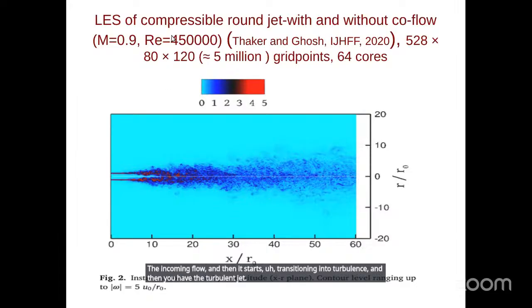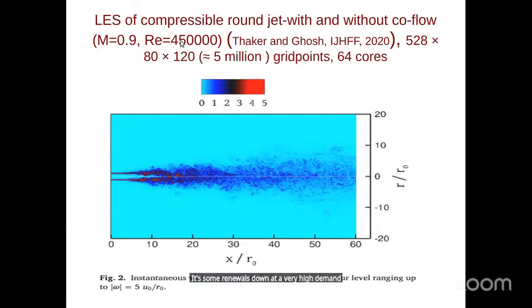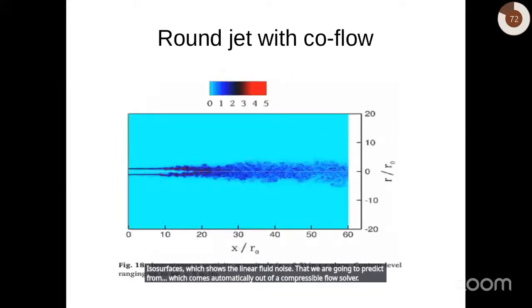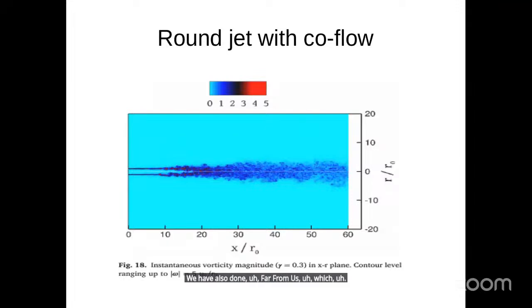It's an LES done at a very high Reynolds number of 450,000 with 5 million grid points. These are the near field pressure isosurfaces, which show the near field noise that comes automatically out of a compressible flow solver. We have also done far field noise, which we are doing right now.